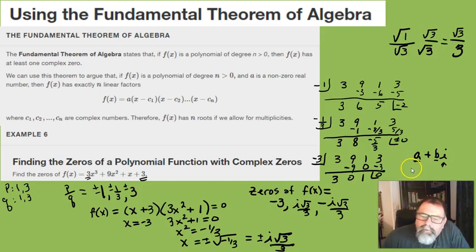So negative 3 is negative 3 plus 0i. If b is 0, then it's a real number, purely real. If a is 0 and you've got bi, then it's purely imaginary. If you've got a and a b with the i in there, then we just say complex number. So it has a real part and an imaginary part. If it has an imaginary part, they always come in conjugate pairs.